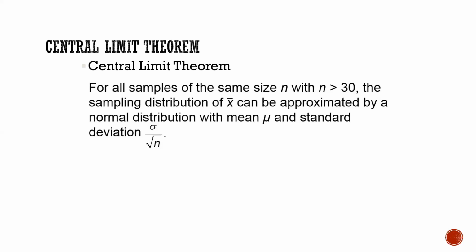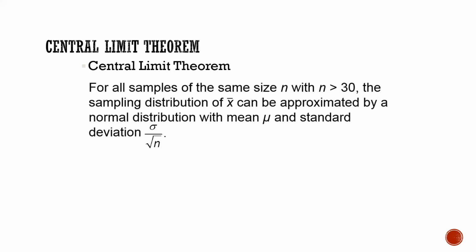My coursework in my master's degree was not statistically focused. I definitely know enough to teach this class, but some things I'm not entirely sure about. I don't know why n equals 30 was decided, but notice it's greater than 30.